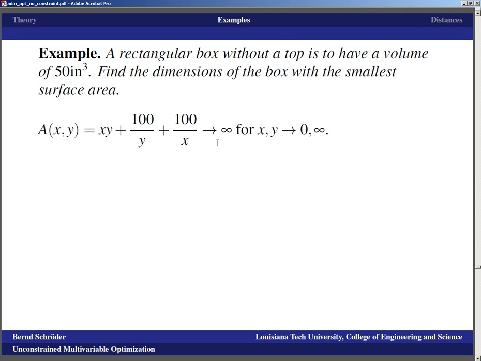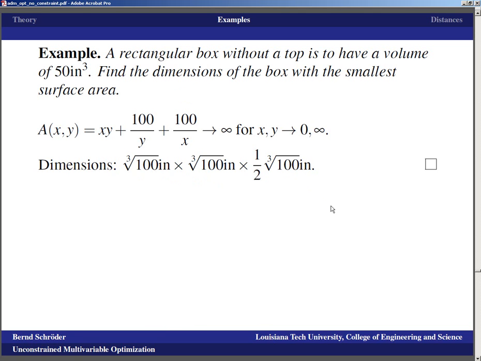So this is a function that blows up on all sides, and that means that this critical point that we found must be the absolute minimum, and that means the dimensions of this box with the smallest surface area really are third root of 100 inches times third root of 100 inches times 1/2 third root of 100 inches.